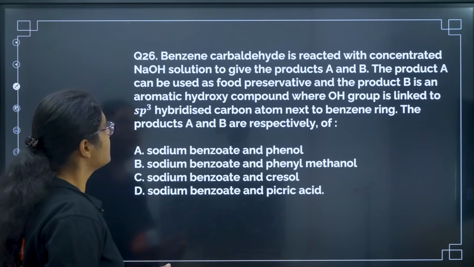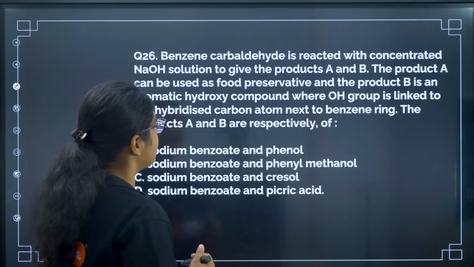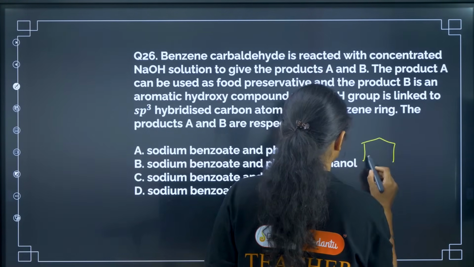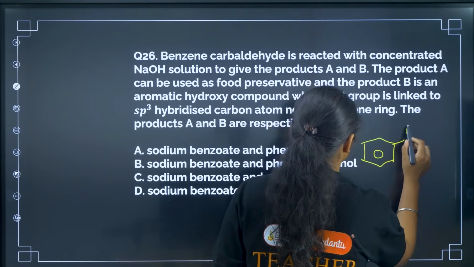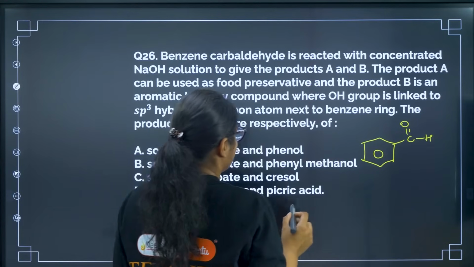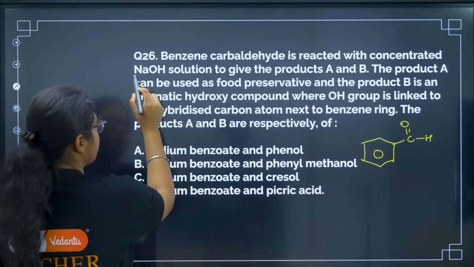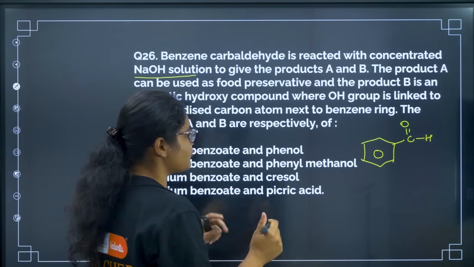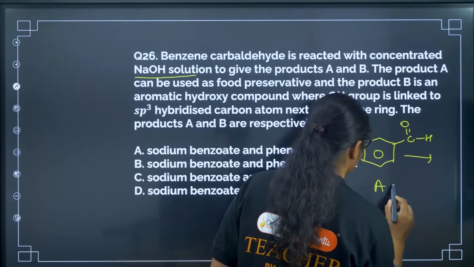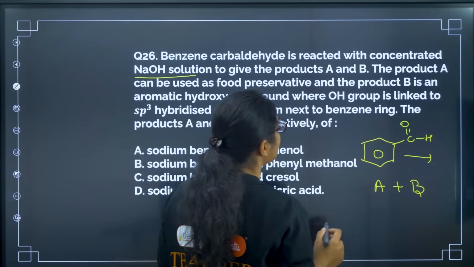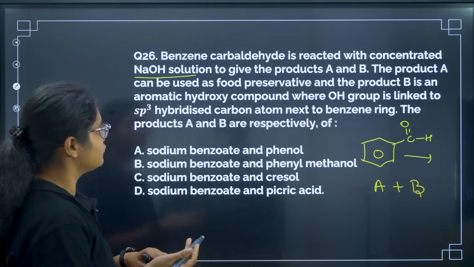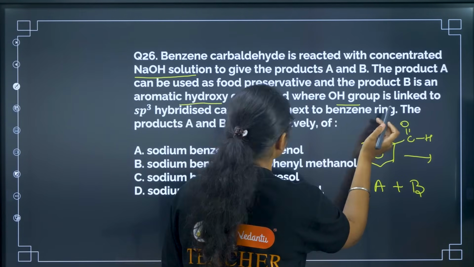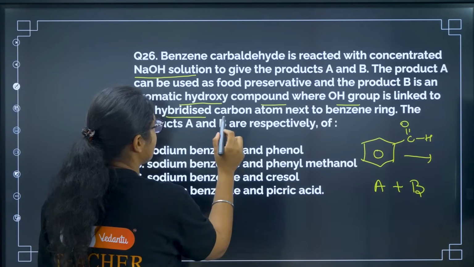Okay, next. Benzene carbaldehyde is reacted with... benzene carbaldehyde is nothing but benzaldehyde, is reacted with concentrated NaOH solution. So you know this is Cannizzaro reaction, concentrated NaOH to give two products A and B. The product A can be used as a food preservative and product B is an aromatic hydroxy compound where OH is linked to sp3 hybridized carbon.